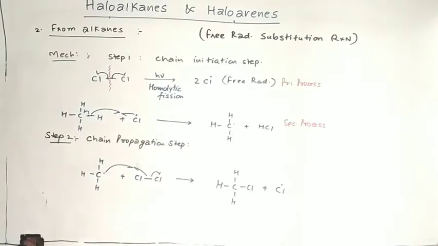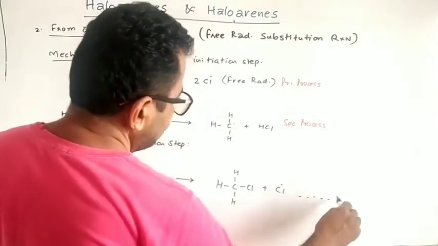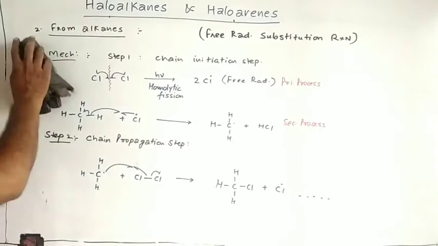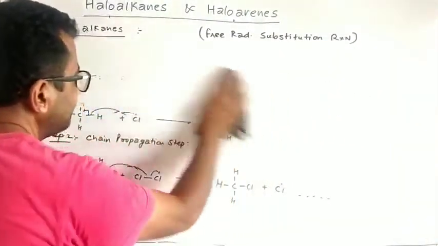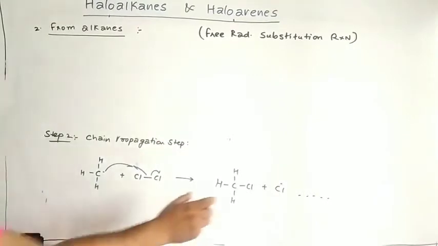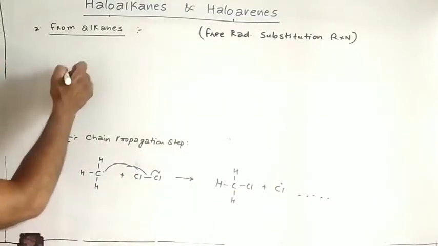This chlorine free radical continues the chain. Propagation means to propagate. What will this chlorine free radical do? It will again combine with this, abstracting hydrogen from here.